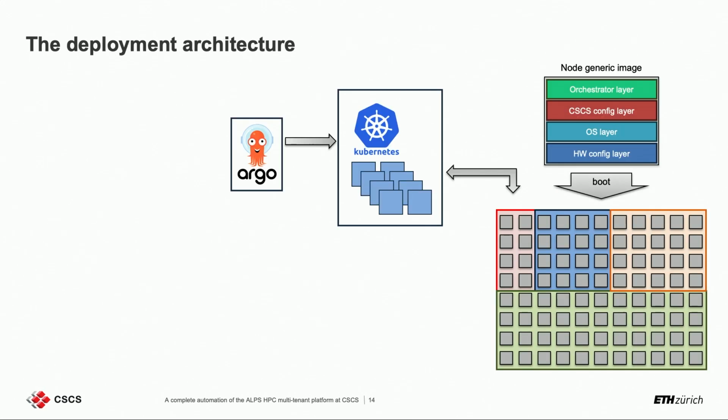Now, taking a look at how the process should work, this is the system where we want to deploy and the features we want to use. So we have the cluster itself on the right, and a Kubernetes cluster that handles services on the left, maybe triggered by and maintained by Argo CD.